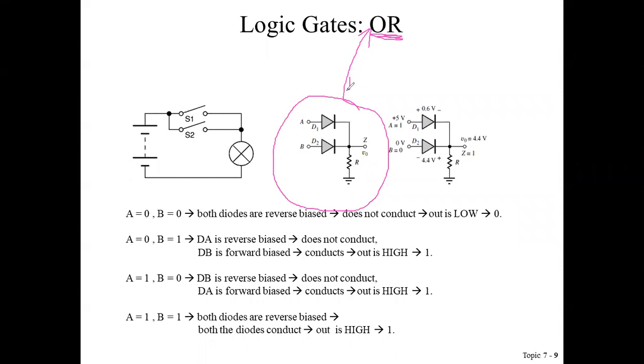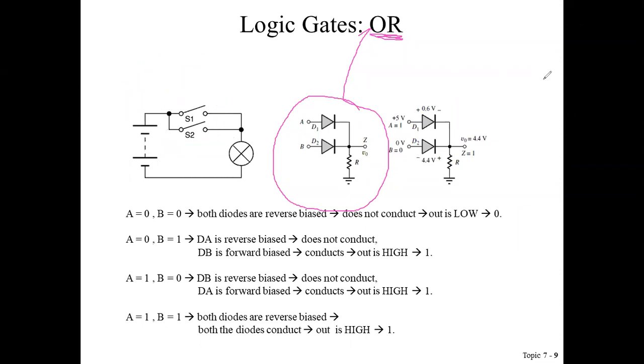But here it is connected to ground. And also, please look here. There the two switches are connected in series. Since it is a logical addition gate, here the switches are connected in parallel.